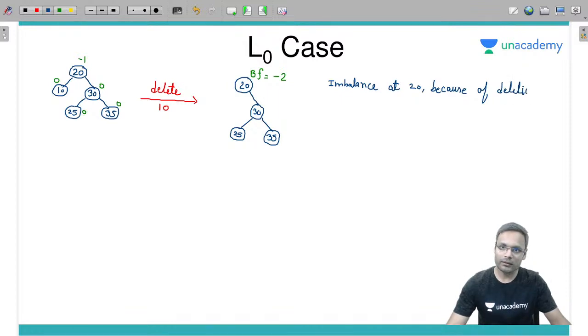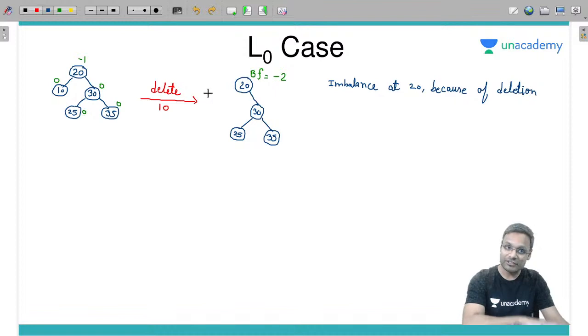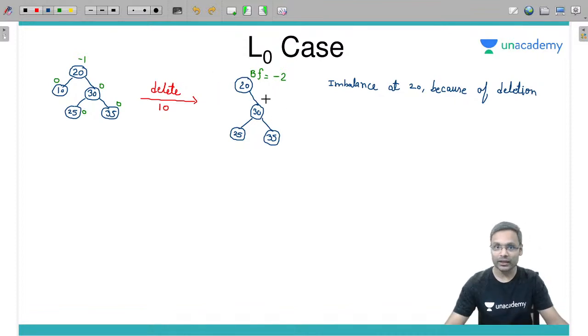Which side deletion? From 20's left subtree you have deleted or right subtree? Because of deletion in left subtree of 20.